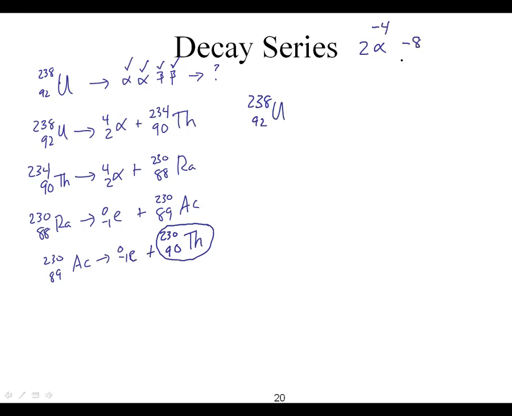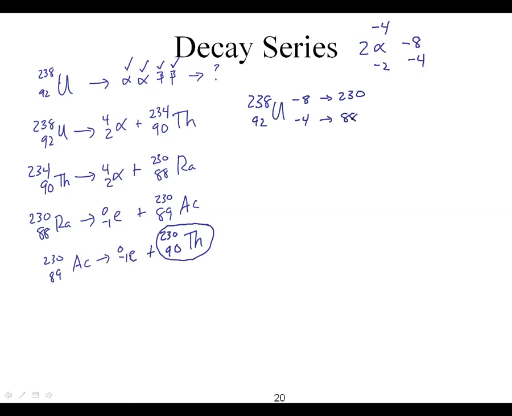And for each alpha particle, we're going to subtract 2 from the atomic number on the bottom, which means we would subtract 4 from the bottom number. So if we just did that part of it, 238 minus 8 on top, minus 4 on the bottom gets us to 230 up on top, and we get to 88 on the bottom.